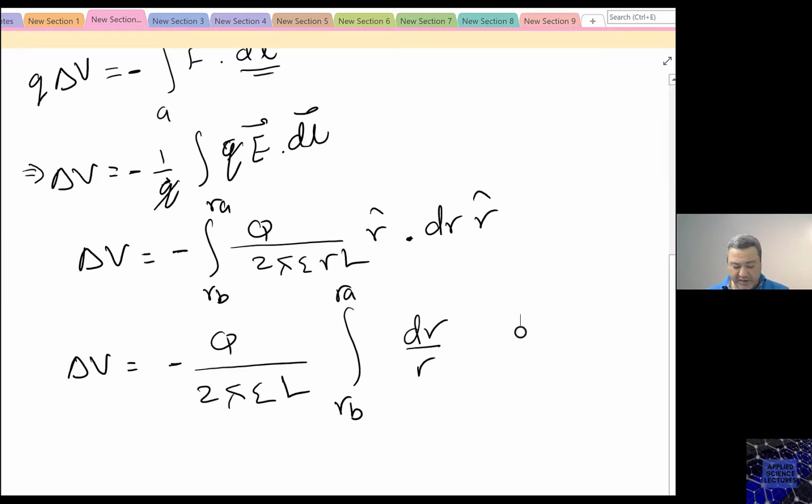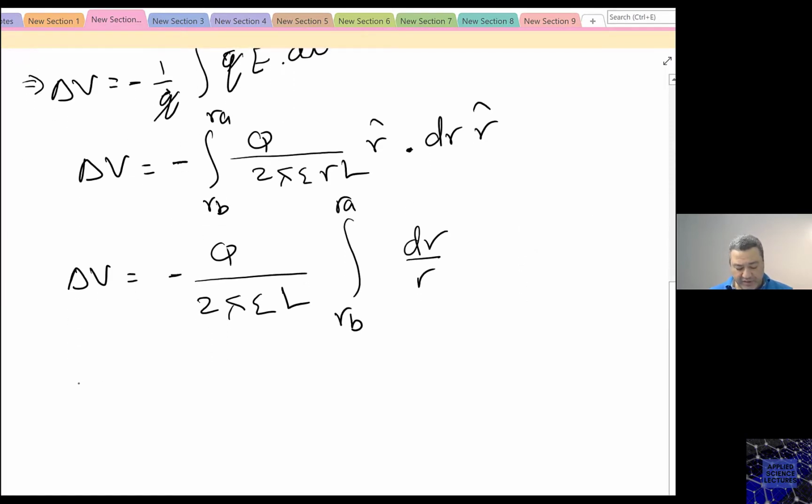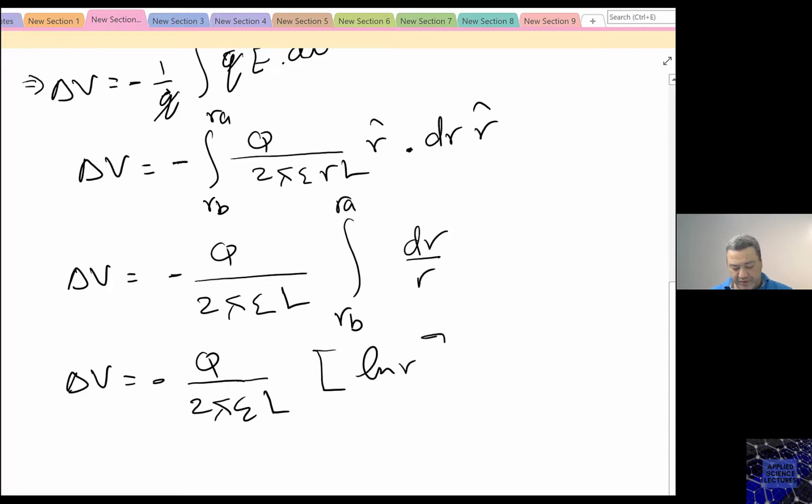This integration gives me minus Q over 2 pi epsilon L times the natural logarithm of R, from Rb to Ra.